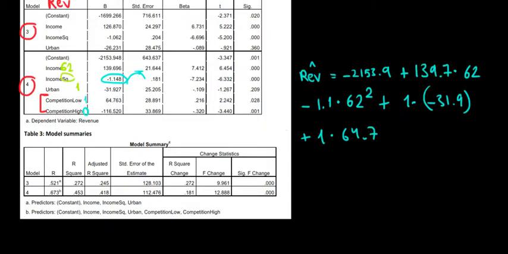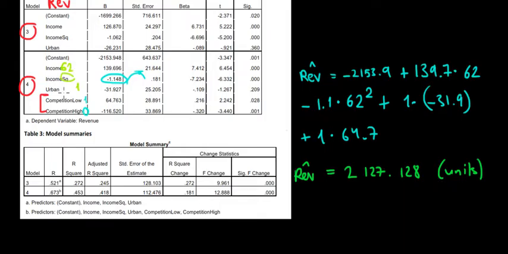Now if you work out the math over here, we would have an estimated revenue equal to 2,127.128 units. We are estimating in units because in the regression for the income we're also using data in units.